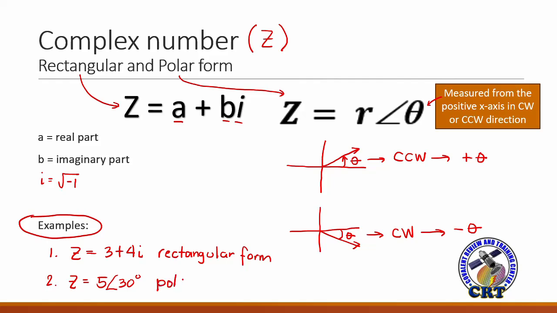This is in polar form. Another example, let's say z equals 8 minus 6i. This is example number 3. Example number 4, z equals 10 angle of negative 26.87, and this is in degrees.